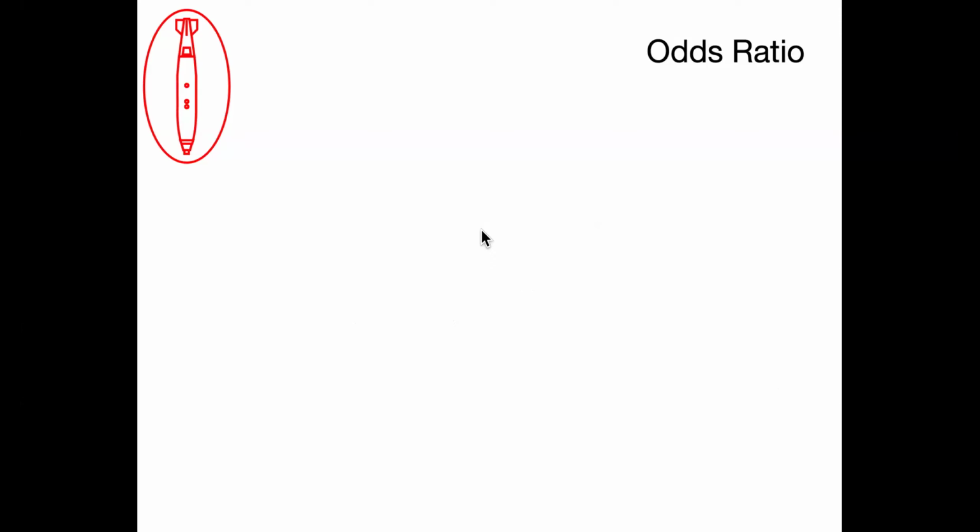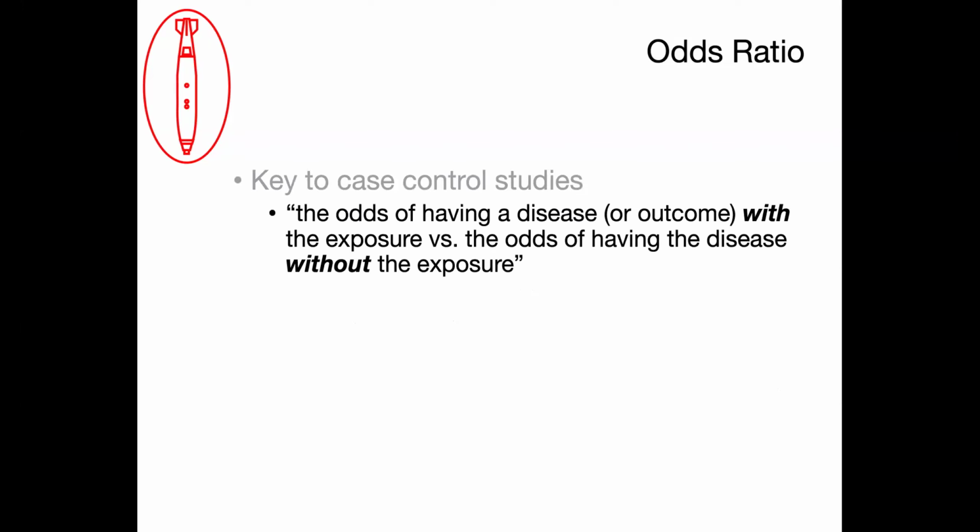Now, to quantify this, we use something called an odds ratio. This is the key to case control studies. And it's the odds of having a disease or an outcome with the exposure against the odds of having the disease without the exposure.